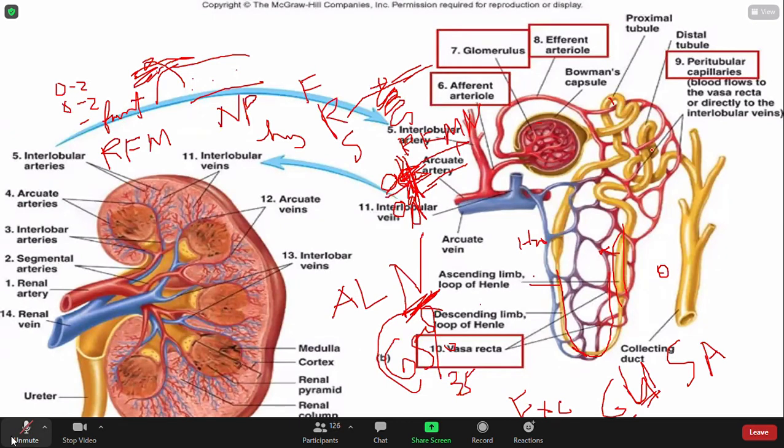What is that hormone that will act on the distal convoluted tubule so that the sodium will be reabsorbed back to the interstitial space and then to the blood in the peritubular capillaries, so that water will follow? What is that hormone, Doctora? In the distal. Correct. Very good.